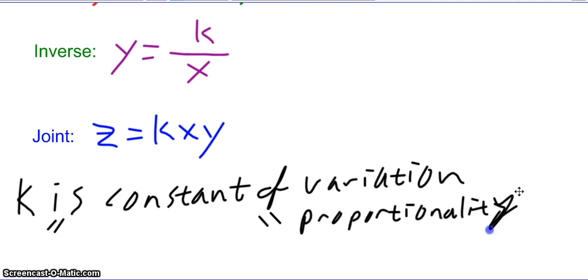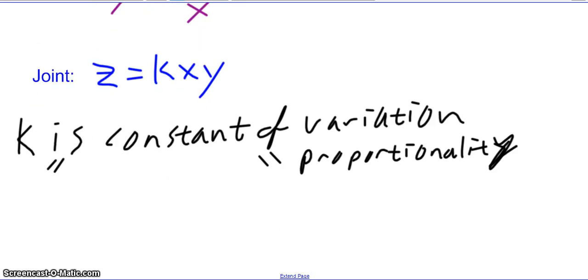And so k is going to have some value that's going to change depending on what the actual relationship is between the variables that we're talking about. Also, another note, k doesn't equal 0. If k equaled 0, then this would not be variation.